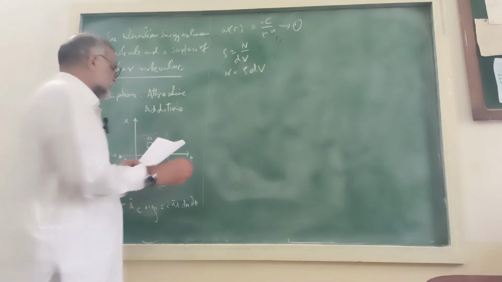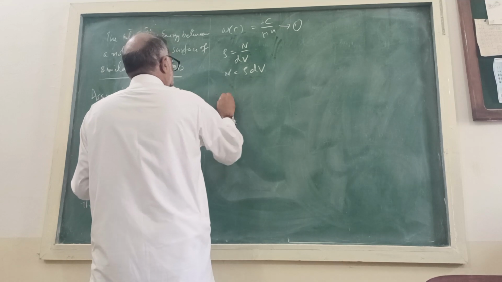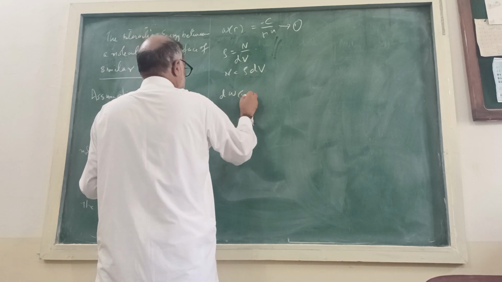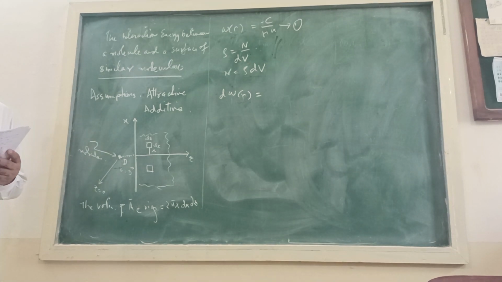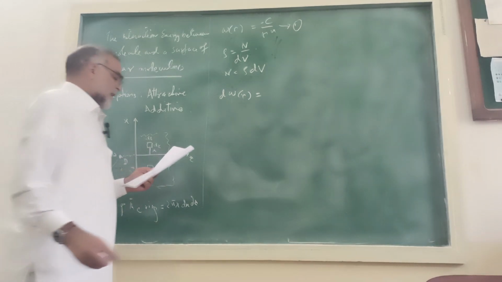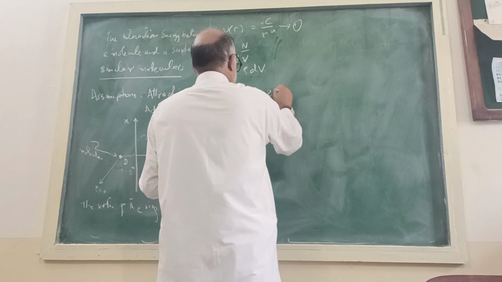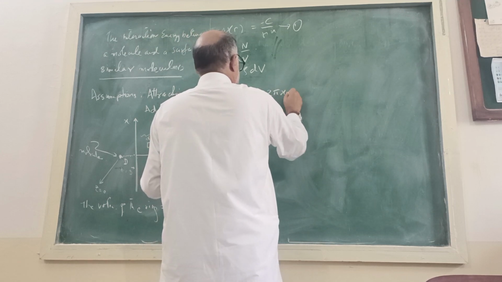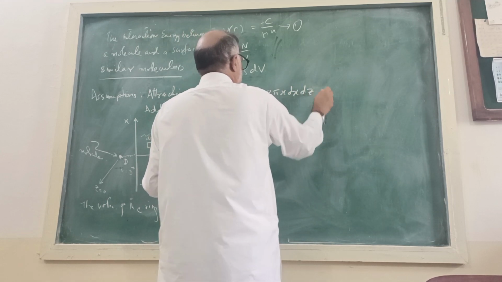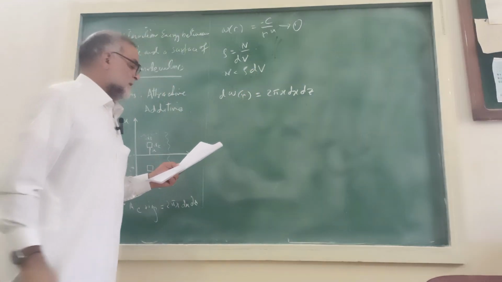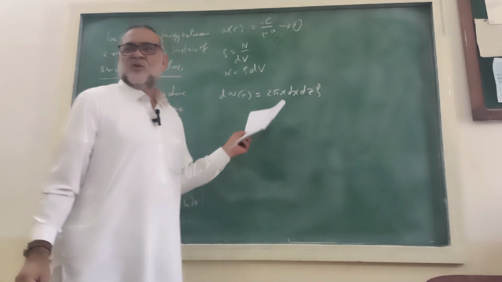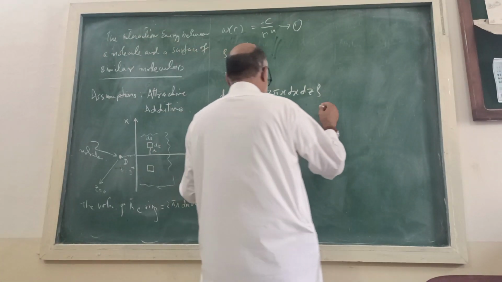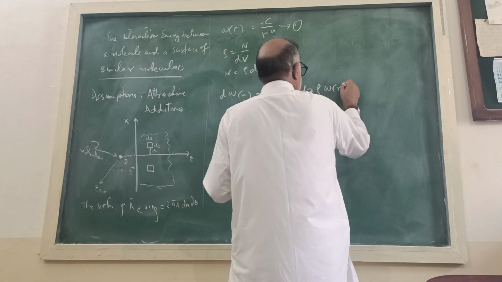So the interaction energy between this molecule and the small ring, suppose we write it like this, d omega, that will be equal to 2 pi x dx dz, that is the volume dV, times rho, the number density, multiplied by the interaction energy of a single molecule.